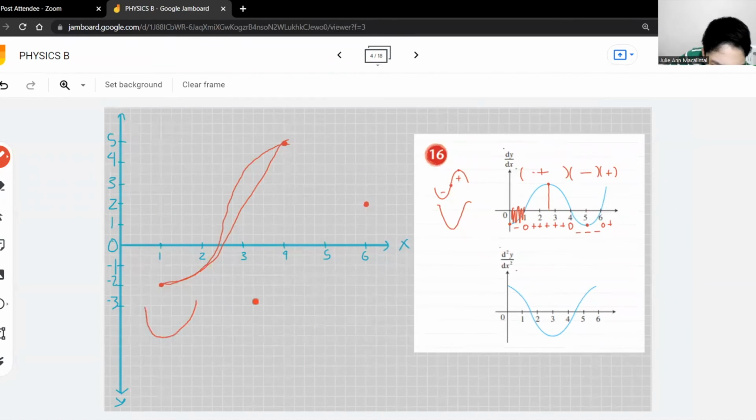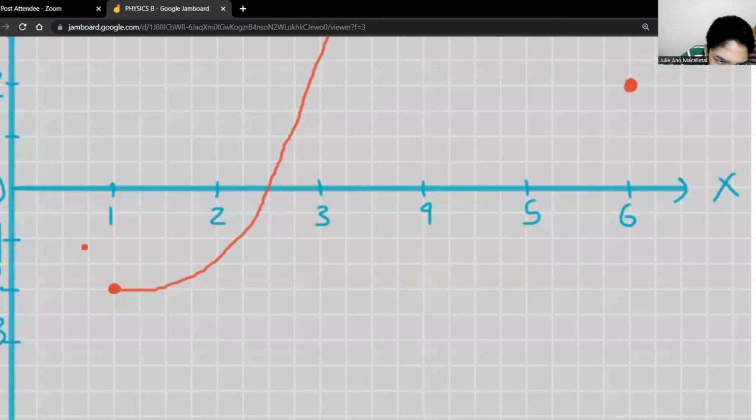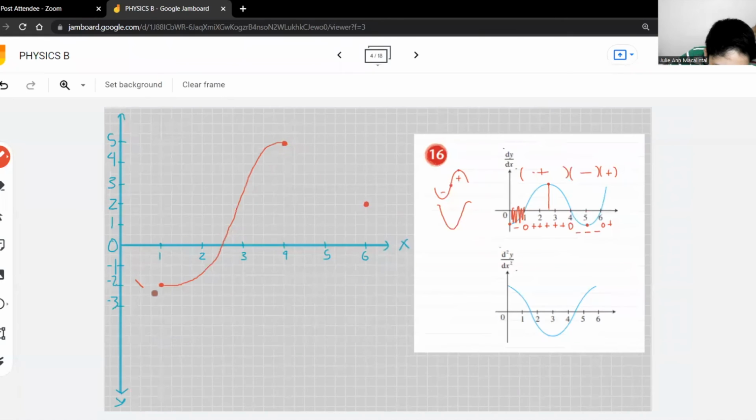So you can see, around 2.5, here the concavity is downward. So at around 2.5 the concavity changes to upwards. Like this.